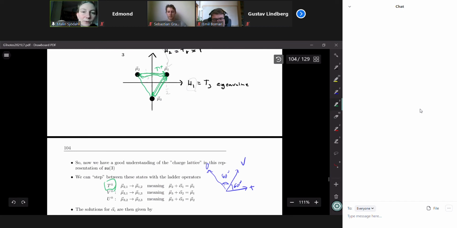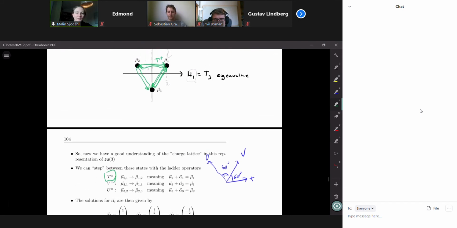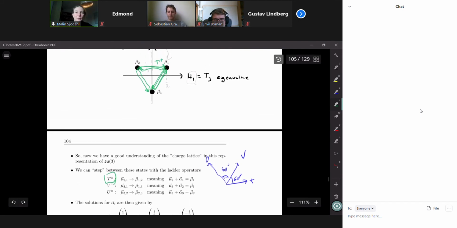We should have u pointing like this, or u minus in the other direction. These are our step operators. So now, knowing the position of this guy and the position of this guy, we can solve for t plus and t minus. So we can solve for the roots, the vectors.